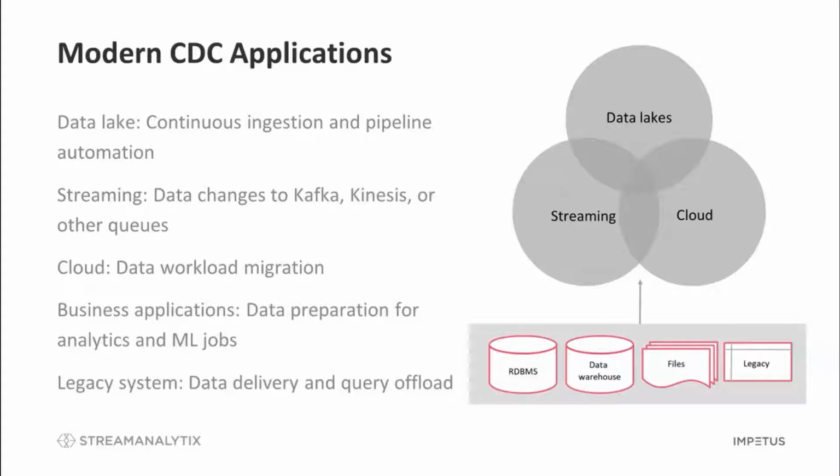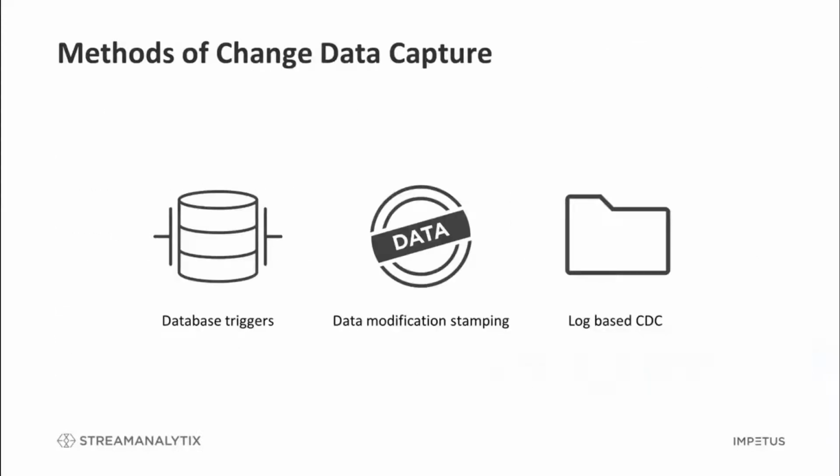And lastly, you may want to have change data capture in a legacy system, where you want to upgrade and modernize your architecture with a newer set of technology. In those cases as well, CDC has its applications. Now let me take you through some of the common methods to perform CDC.